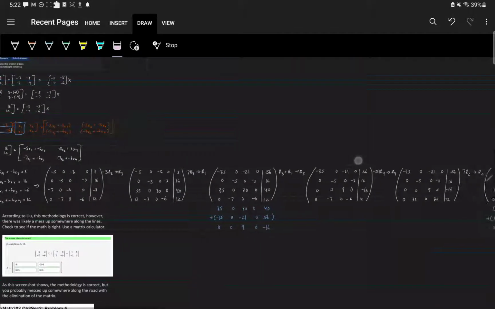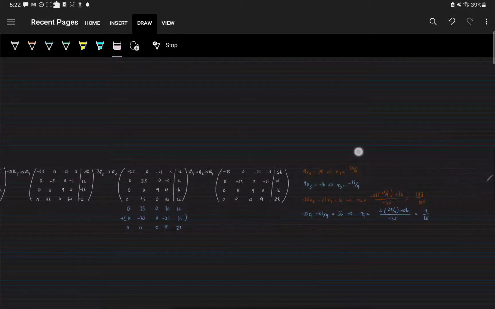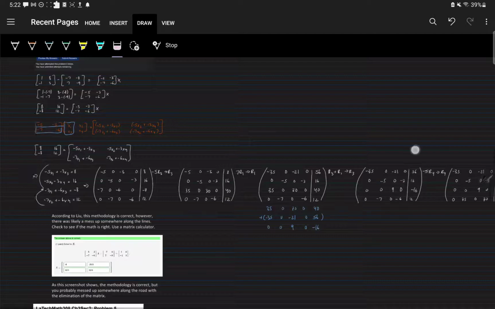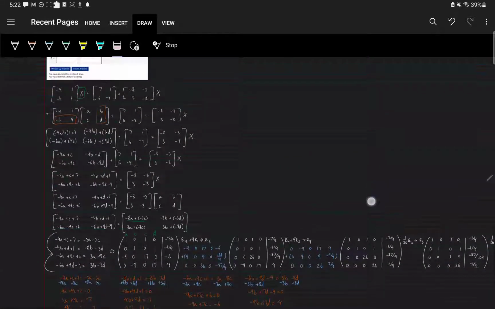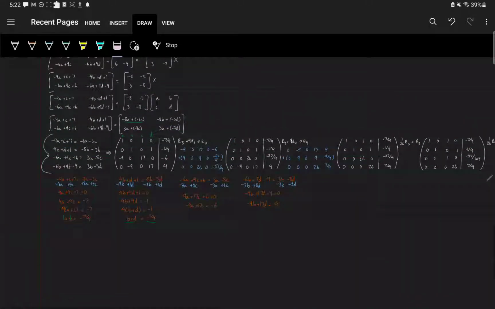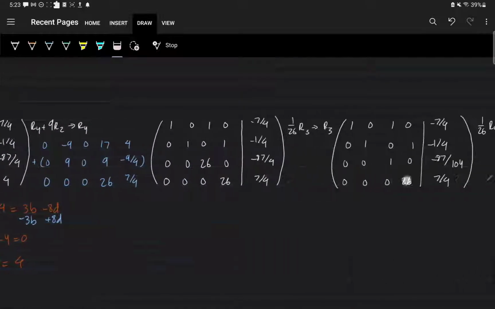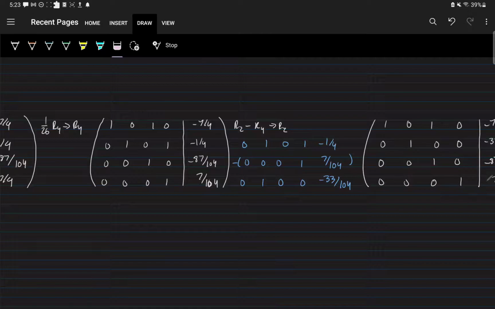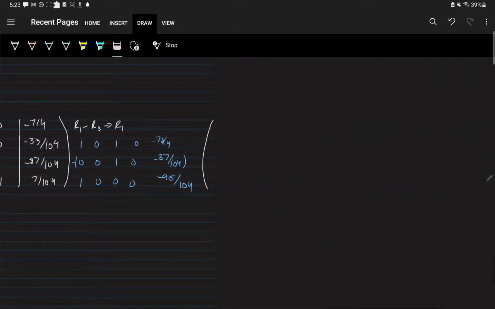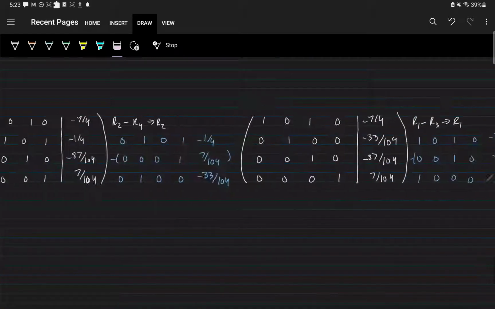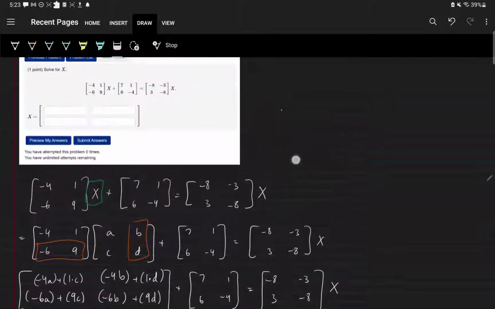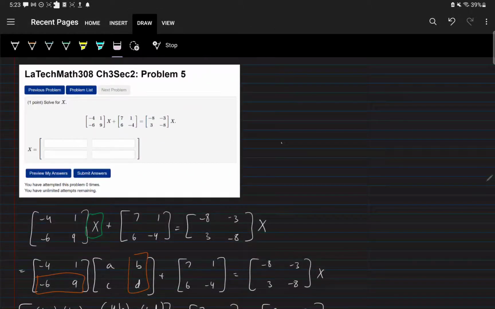But again, it's a lot of steps. I mean, look how much space I have to scroll through before I get the solution. So if you get it wrong, go ahead and look at your matrix calculations again. And if you don't want to do it again, look up one of the calculators and see what it gives you for your solution, and then it should tell you the variable values. But this is the methodology for matrix algebra like this.